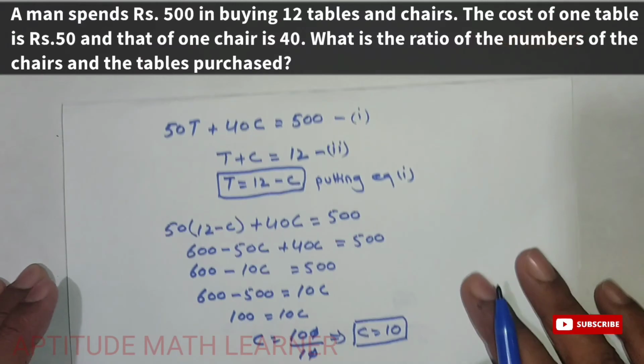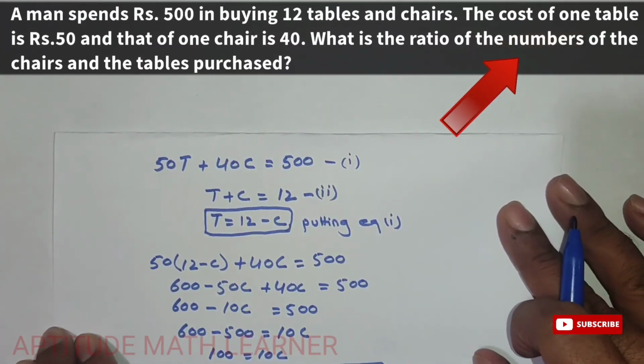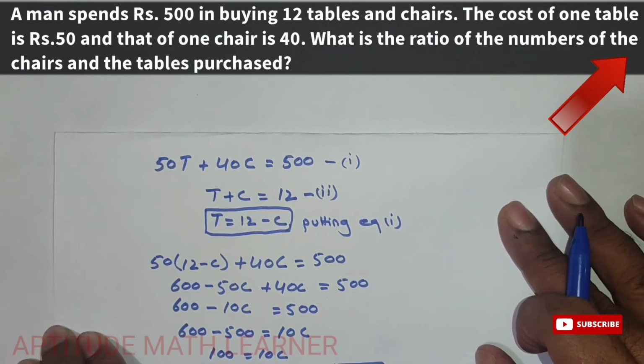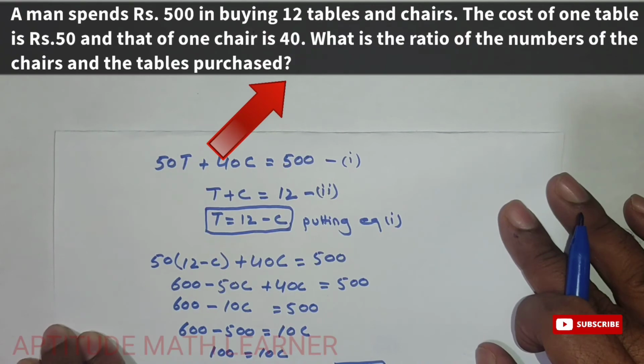If you look at the question, at the end it is asking for the ratio of the number of chairs and tables purchased.